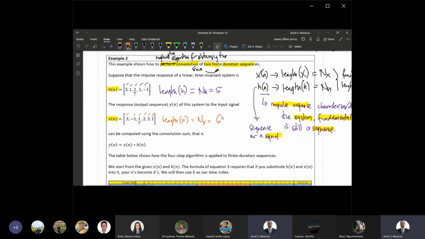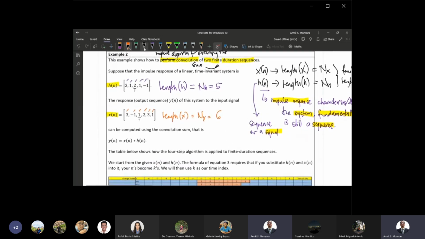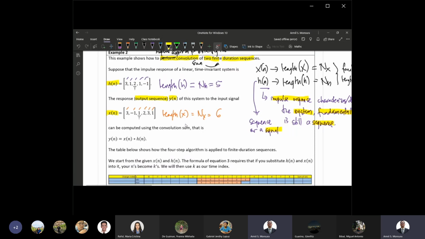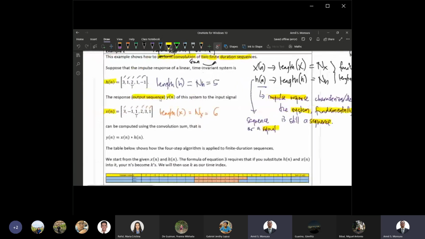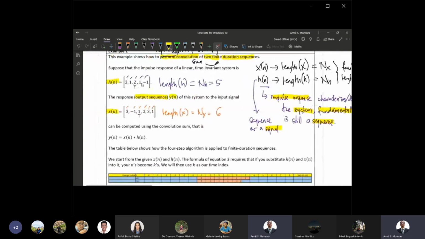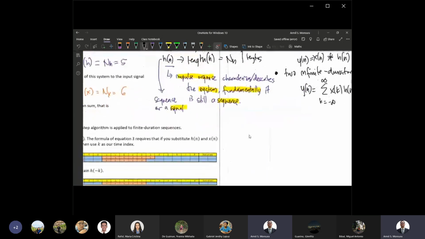So if you want to compute the output sequence yn of the system described by this, basta ganito yung problem. Pag nagkaroon tayo ng mga problems dito, ito yung problem statement.